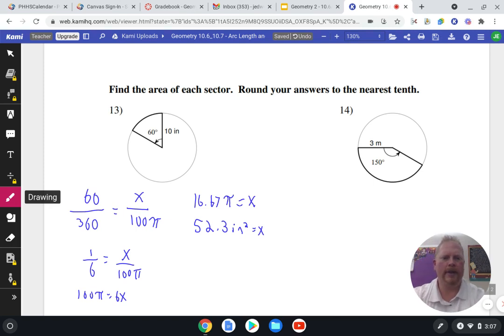Let's go ahead and do the same thing on number 14 here. So our angle is 150 over 360 equals x over, let's see, 3 squared is 9, so 9 pi. I'm going to reduce that fraction, and see, they reduced by 30, so 5 over 12.